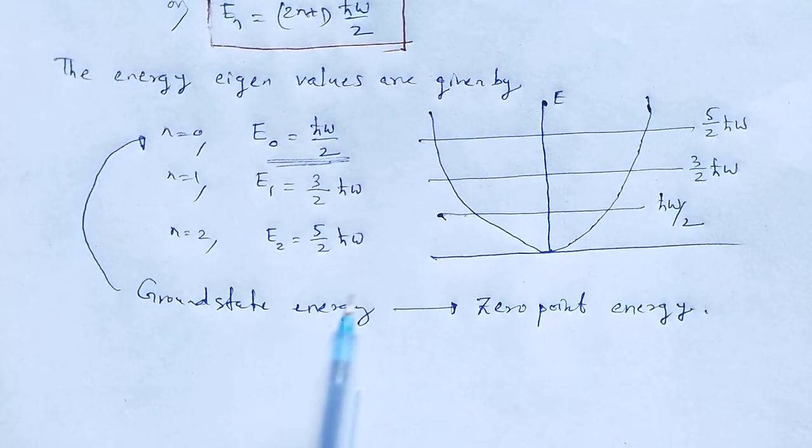Let us take the eigenfunctions, which are obtained by using lambda is equal to 2n plus 1.